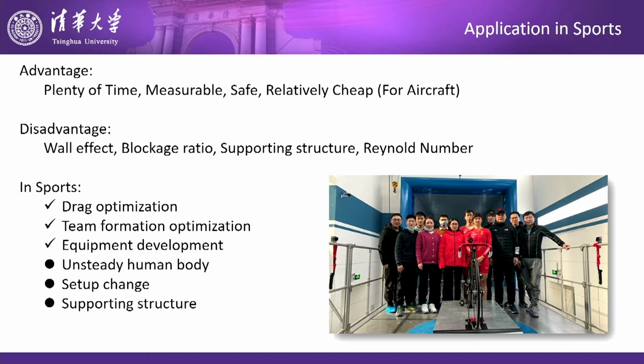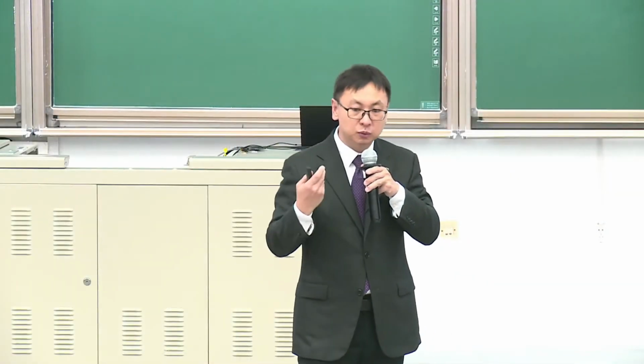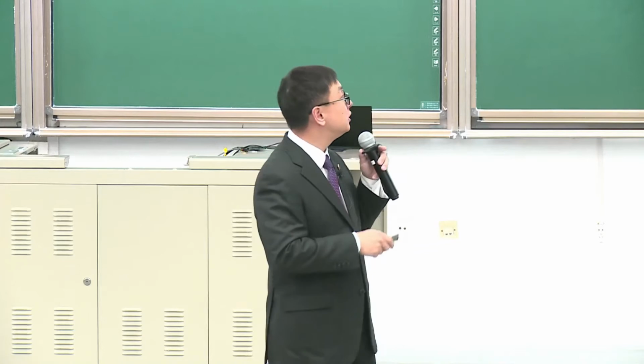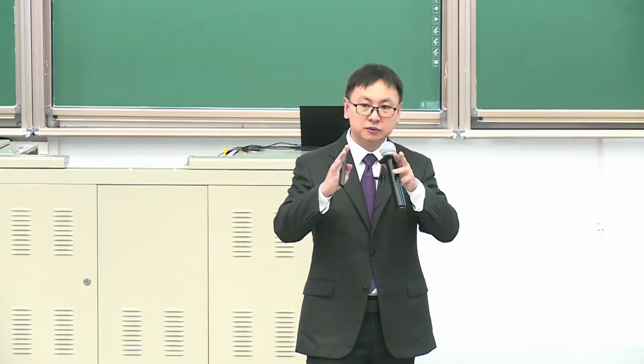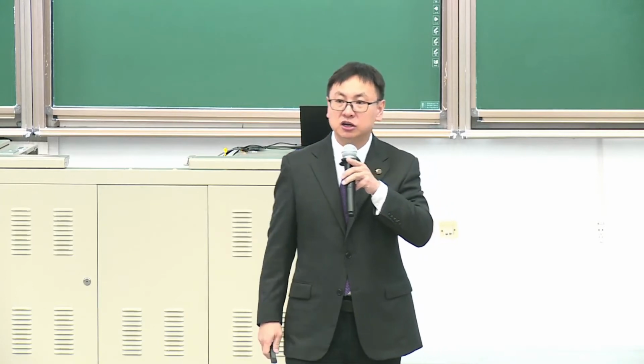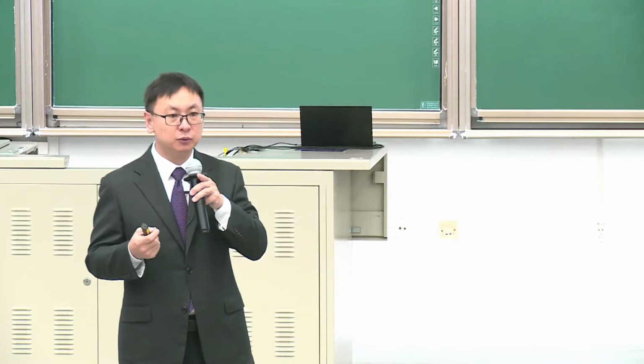Okay, the disadvantage, the wall effect, because actually it's a problem for all the wind tunnels. We have to consider wall effect because near the wall, the wind speed is not accurate. The second one is block ratio because the human body's projected area is quite large compared to some early built wind tunnels.